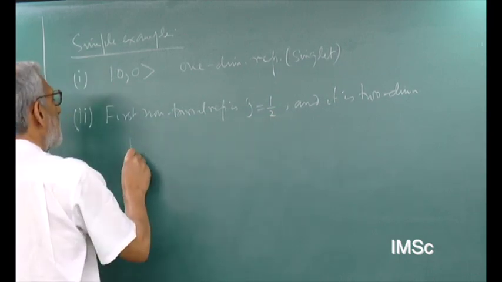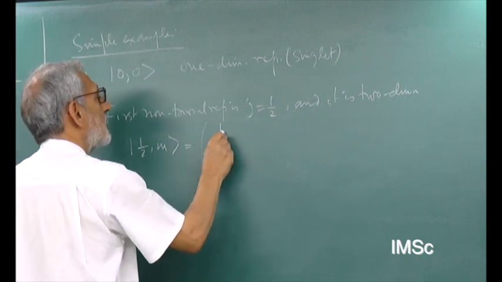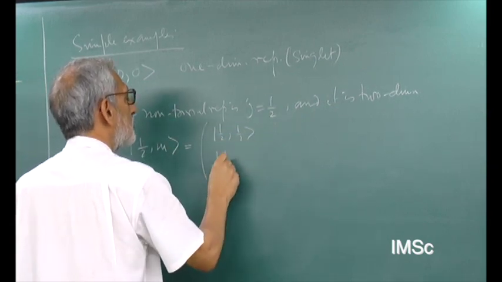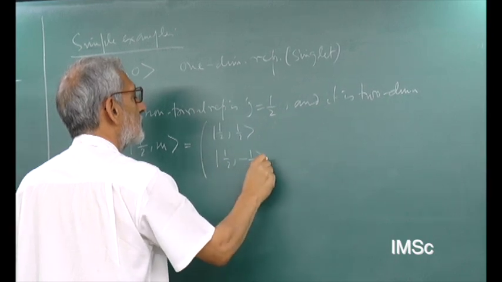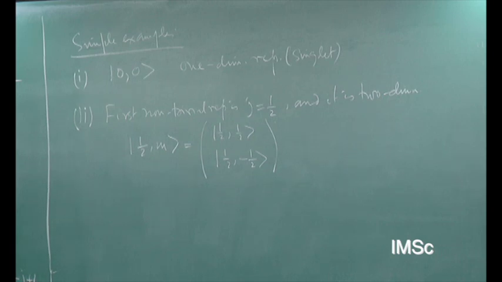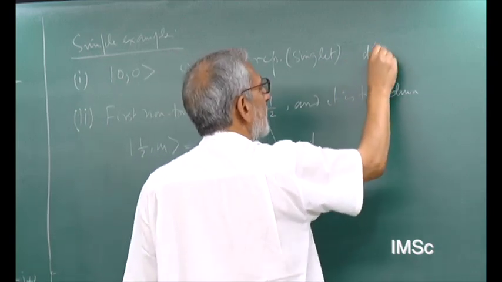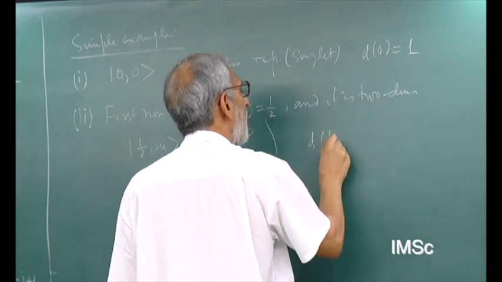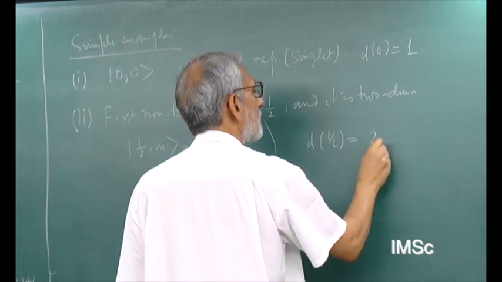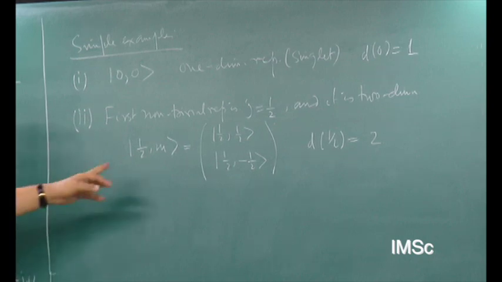So the state half M is made up of two components. Dimension of singlet was 1, dimension of half just by simple counting is 2, because it can have only two components by the rules that we have specified.